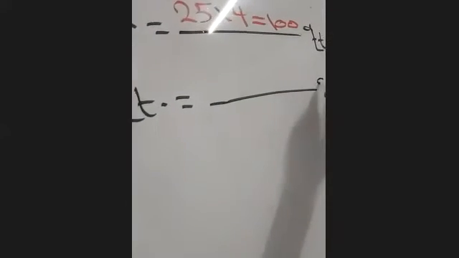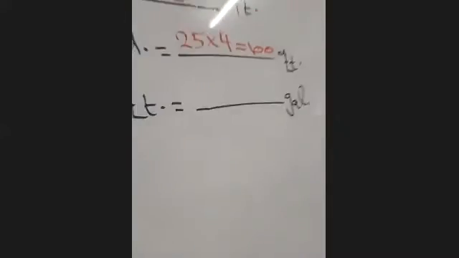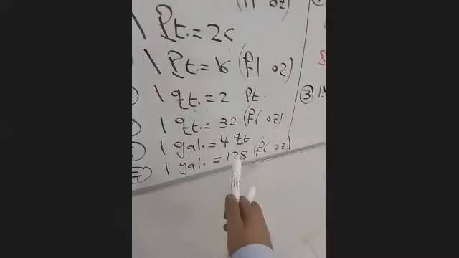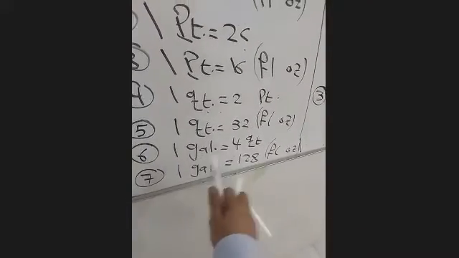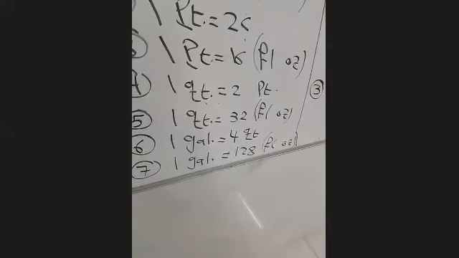How much in gallons? This is the quart and the gallon. I want to turn from quart to gallon. What will I do, Kinan? Divided by 4. Excellent. Divided by 4.